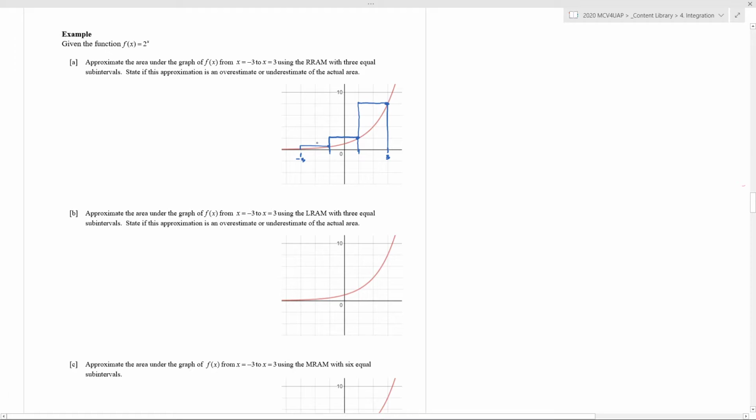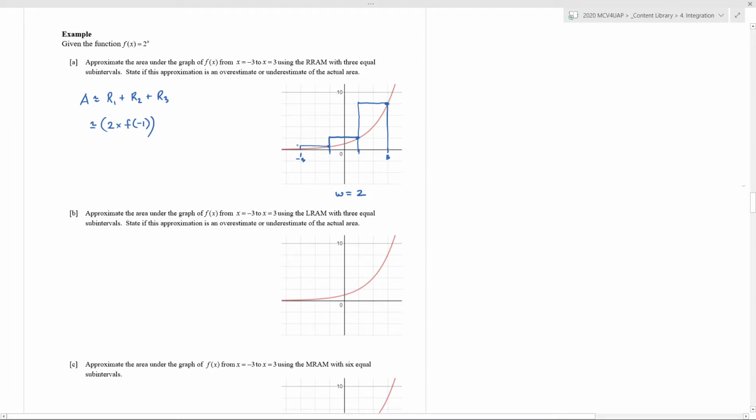Okay, and now I need to find the area. So the area is approximately going to be equal to rectangle 1 plus rectangle 2 plus rectangle 3. The width of each rectangle is 2 units. So the area of rectangle 1 would be my width, which is 2, times the height, which is f at -1.